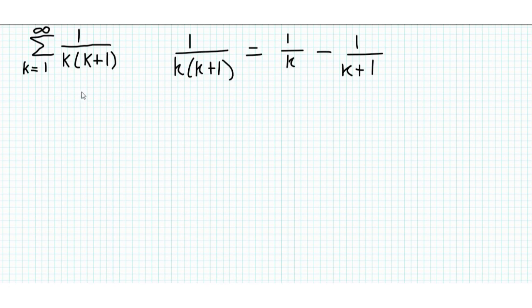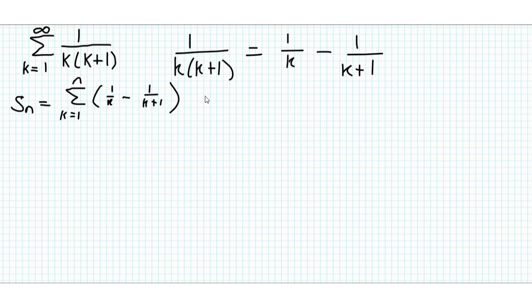And this is quite helpful because now when we define the partial sums, so bear in mind the partial sum Sn is equal to the sum from k equals 1 to n of 1 over k times k plus 1, but that's this sum here, so we'll write this, and you'll see why in a second.